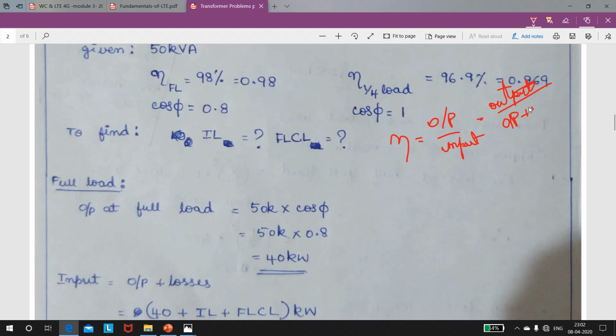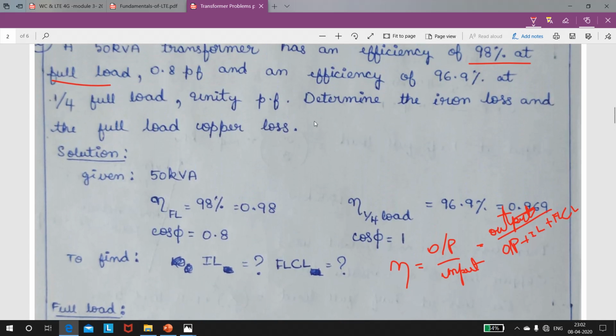Iron loss plus copper loss, that is FLCL. This is the notation that I am using here. So efficiency is given 98% equal to output. You can calculate. Why? Because 50 kVA is given, so you can calculate the output for different types of the load. Next, divided by output, again the same, plus iron loss, you can use it as IL plus FLCL.